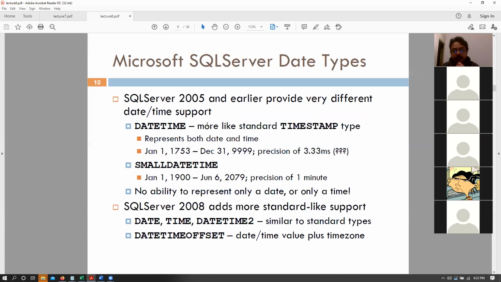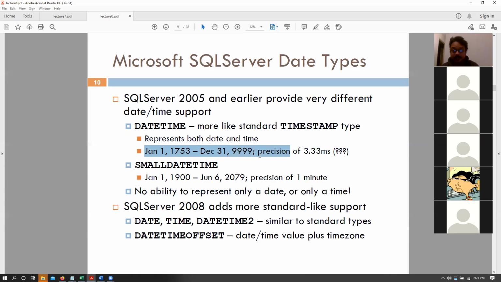Okay, so as I was saying, Microsoft SQL Server before 2005 had these two data types. It had date time, that was more like timestamp. It represented both date and time, and it only allowed dates from January 1st, 1753 to December 31st, 9999.